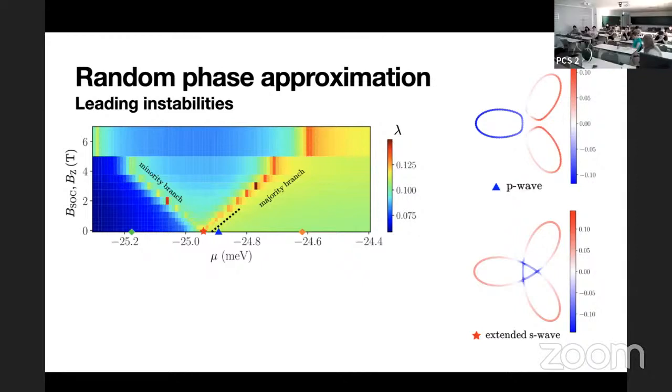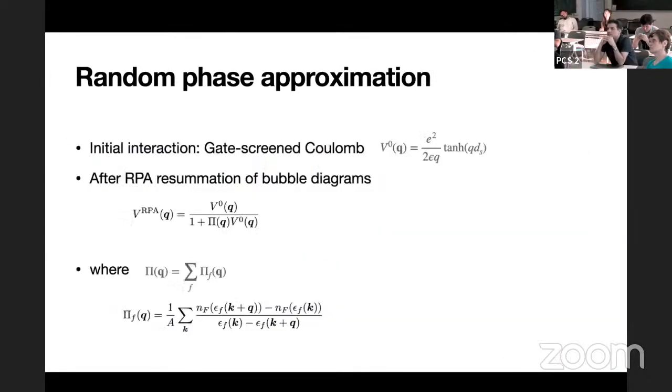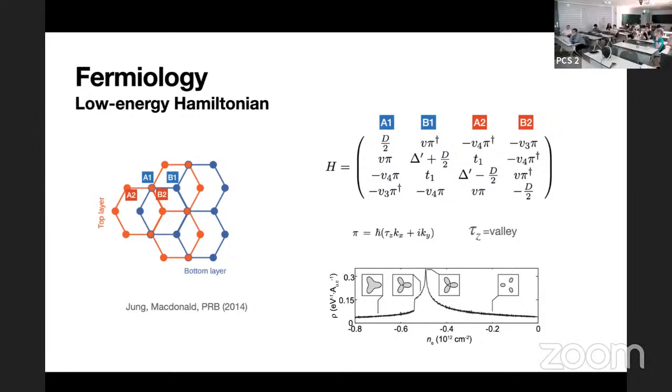Excuse me, in the low energy Hamiltonian, you had the delta prime. What is the delta prime in that Hamiltonian, in the B1 and A2 sub columns? Right, so the D on the diagonal is just the displacement field, which has opposite sign on the two layers, and delta prime is some kind of potential that is higher on the B1 and A2 sites. It comes from the microscopic model parameters and is not related to the displacement field.